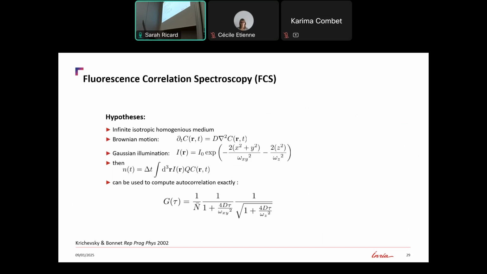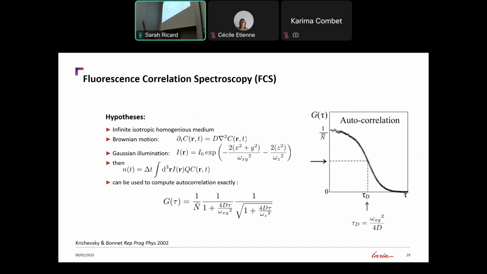The autocorrelation G of tau is 1 over N bar, where N bar is the average number of molecules in your sample, times 1 over 1 plus 4D tau over omega xy squared, times the same with omega z, right? That's the exact value of the autocorrelation, which means that if you measure G of tau experimentally, you can fit it with this expression. It's a non-linear fit, it's easy to do.